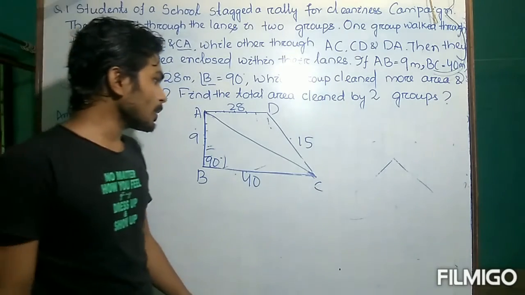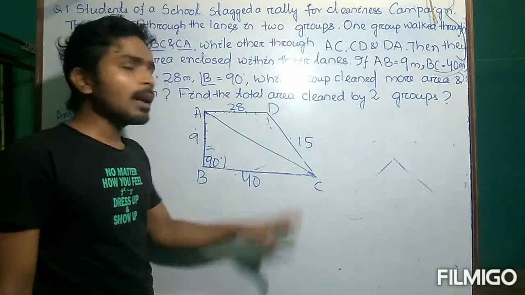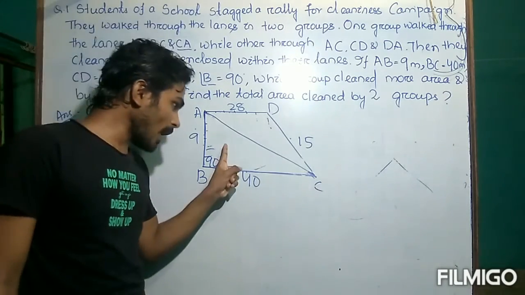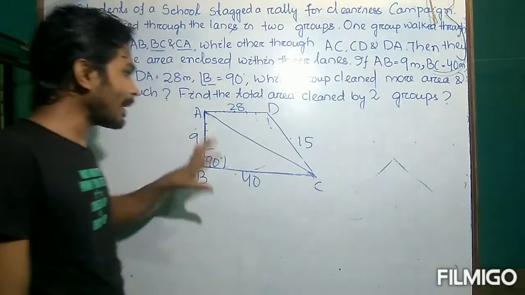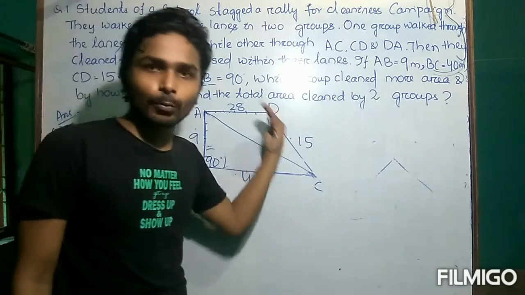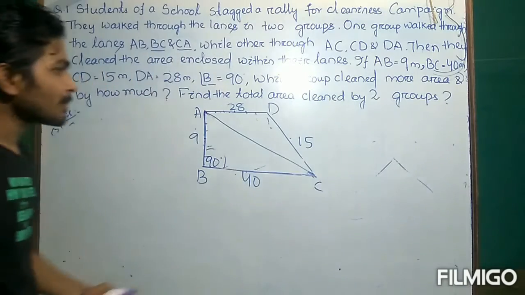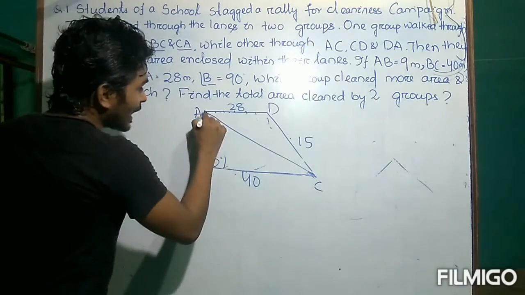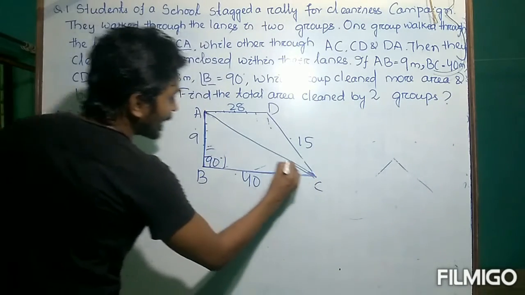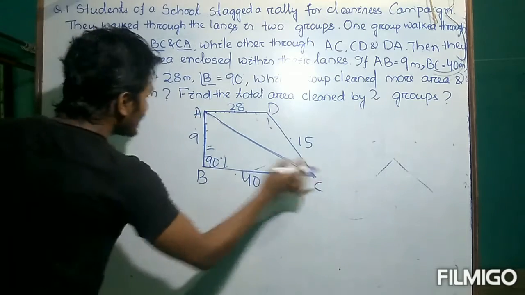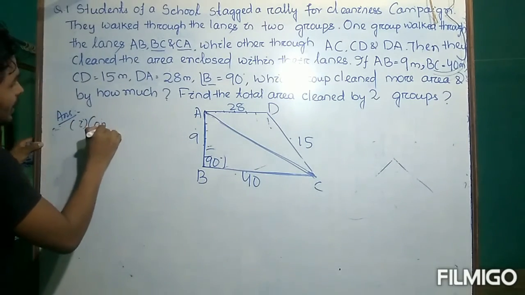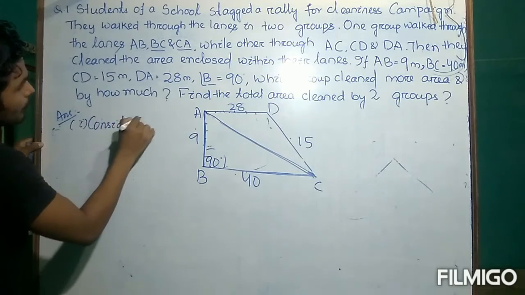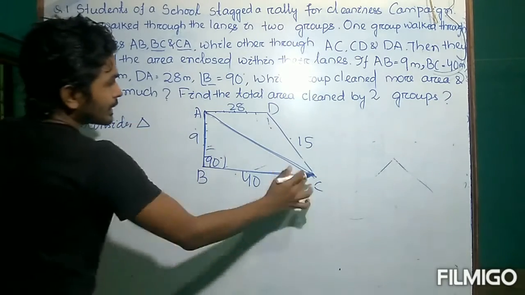So for this we have to find the area cleaned by group 1 and the area cleaned by group 2, the individual areas. Let's start with the area of triangle ABC. First consider triangle ABC.